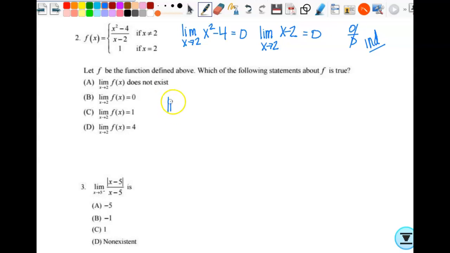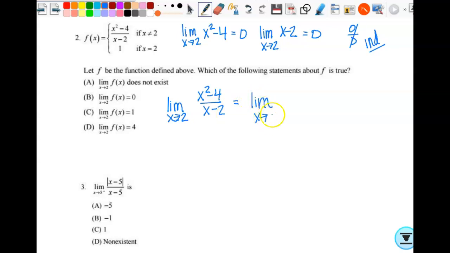So the limit as x approaches 2 of x squared minus 4 over x minus 2, what am I going to have to do? Factor. What's going on in that numerator?